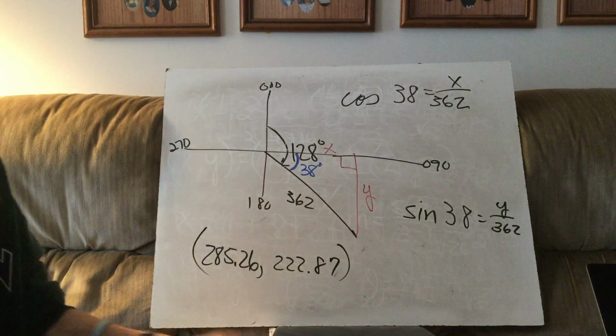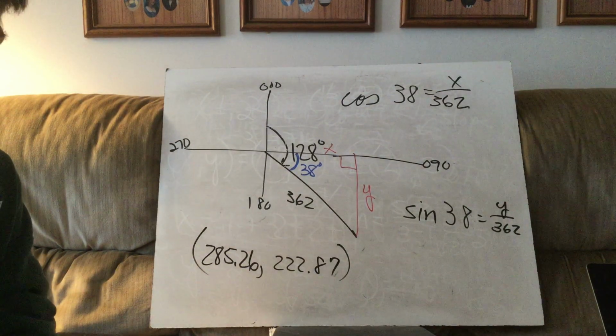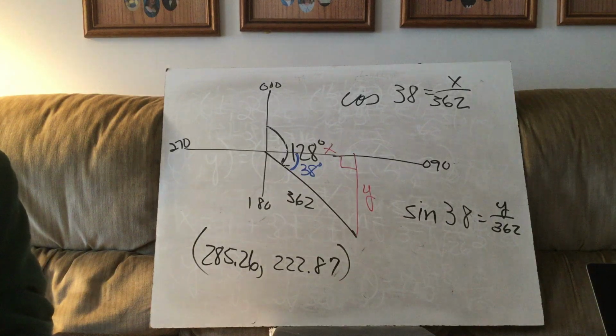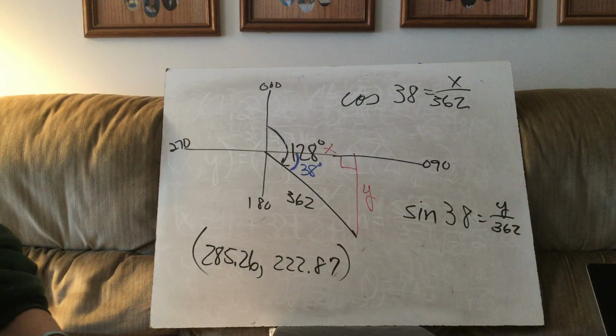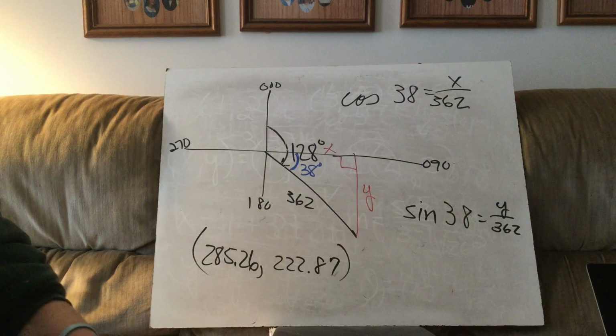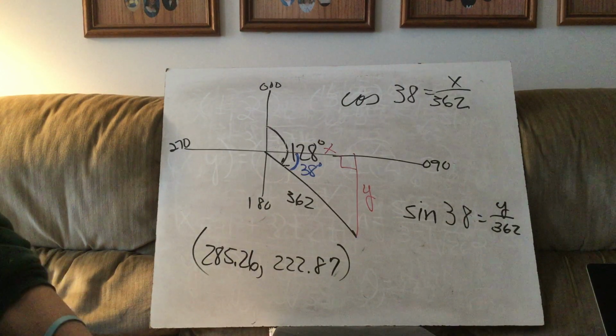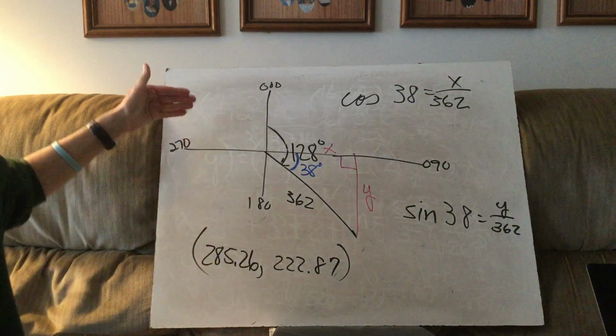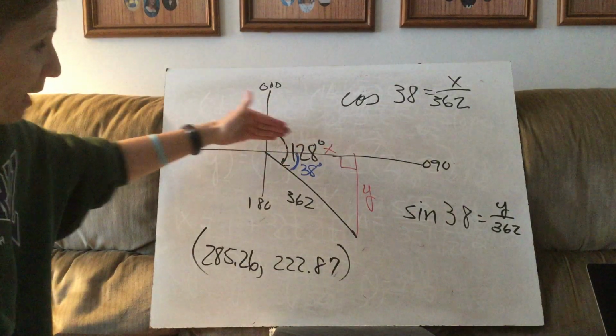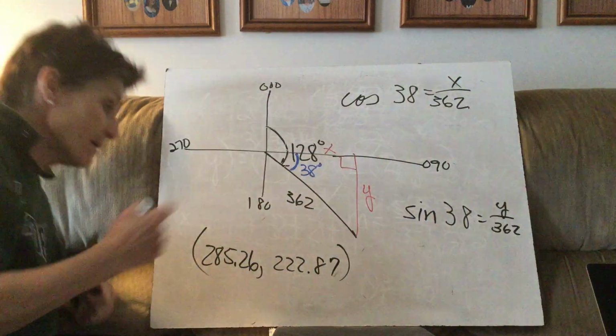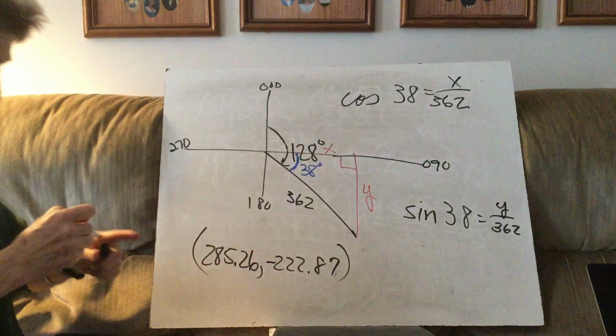And then what do we always have to think about when we're starting with a picture and we're finding x and y? We have to pay attention to the quadrant that we are in. So we are in quadrant 4, which means our x will be positive, but our y must be negative.